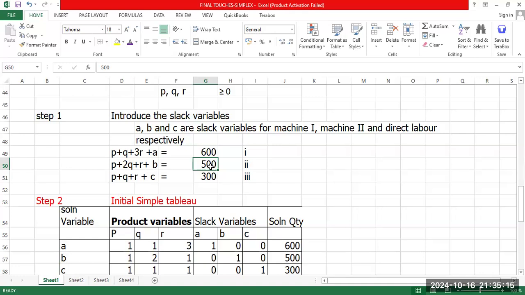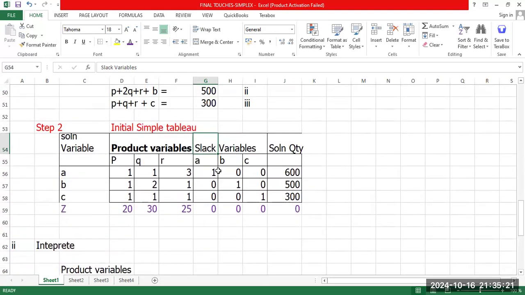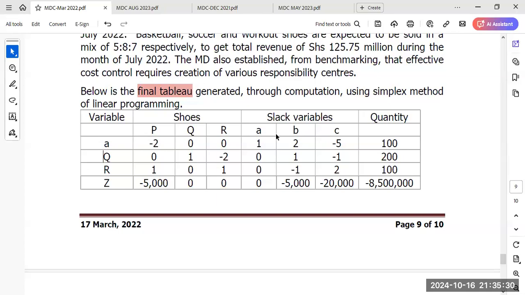And how are you going to know this? You're going to come to your slack variable column, the final tabular. And see, you see like A, you don't have anything. A, here, down, you have nothing. I am going to explain why there is 0. Then B, you have 5,000. Then C, you have 20,000.